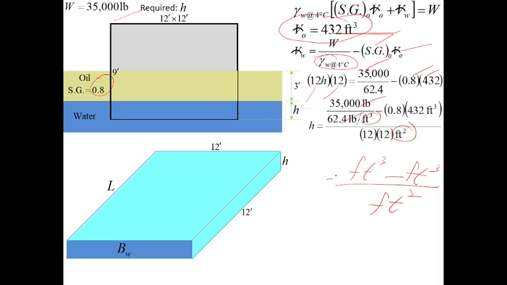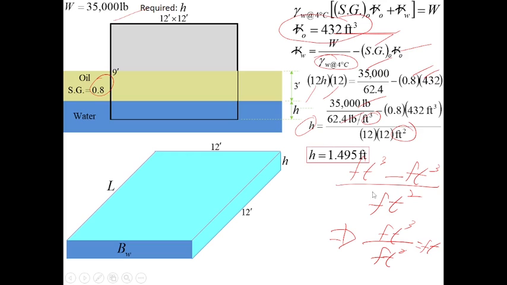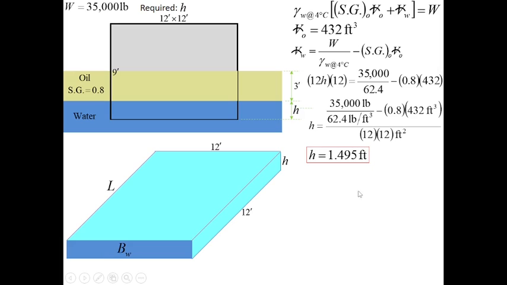So, ang resulta ay cubic feet over square feet, feet na lang. Kaya ang unit niya na magiging answer natin ng H ay feet, no? So, 1.495 feet. Okay? So, that is our answer. H equals 1.495 feet. So, and that ends my discussion. So, that's all. Thank you.